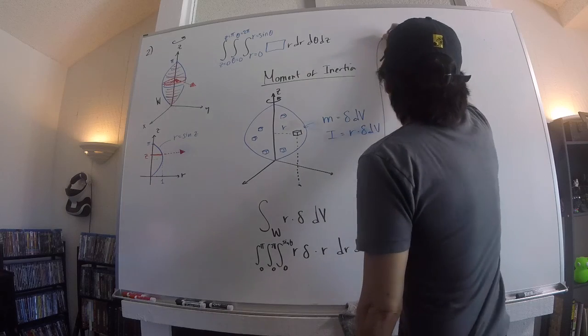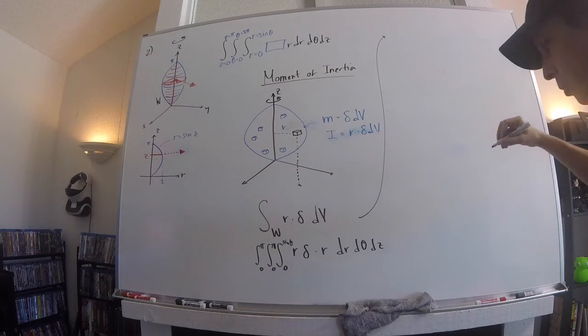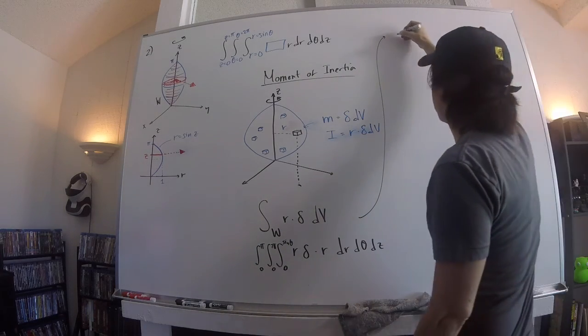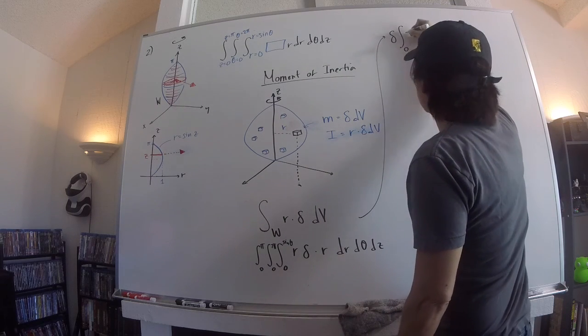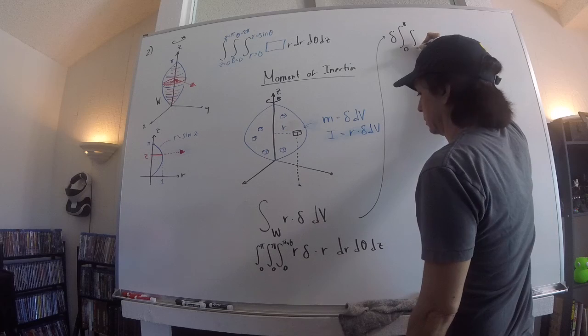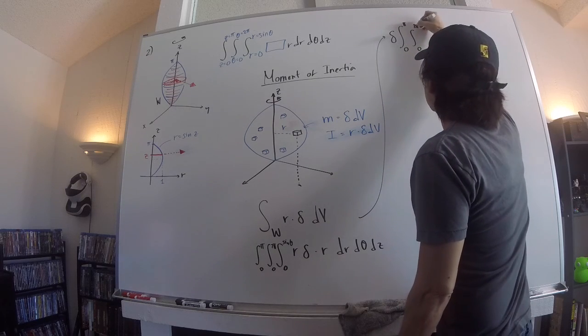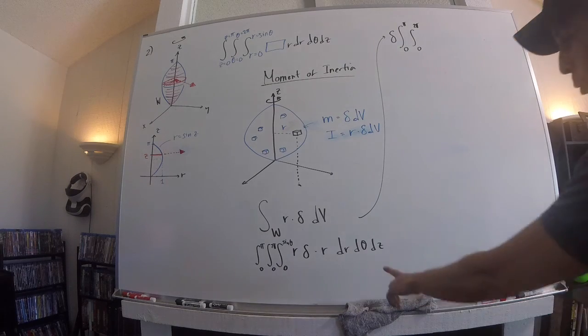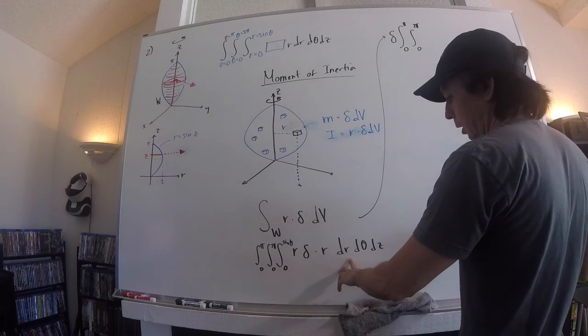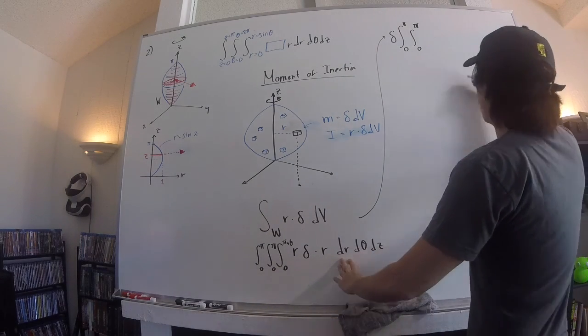Let's space this out weird. Okay. Let's see. My delta can come out. And I'm going to integrate r squared. Antiderivative, I'm doing with respect to r first. I'm not going to rewrite it, but it's r squared I'm integrating. It's going to be 1/3 r cubed.